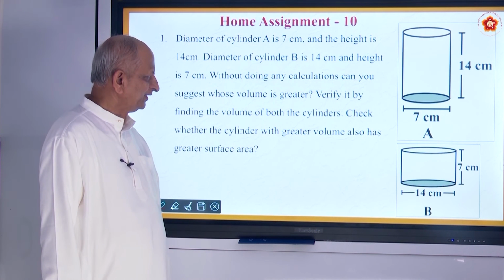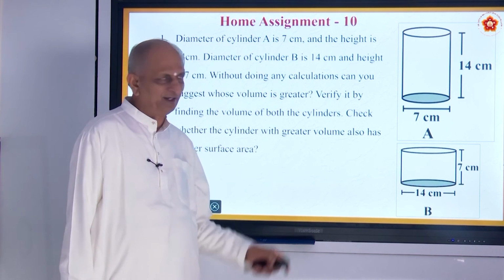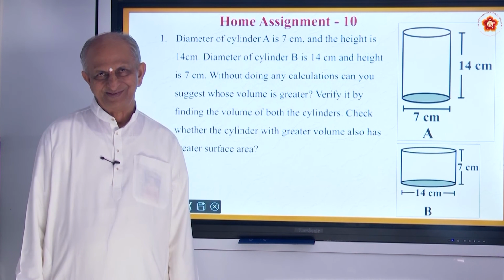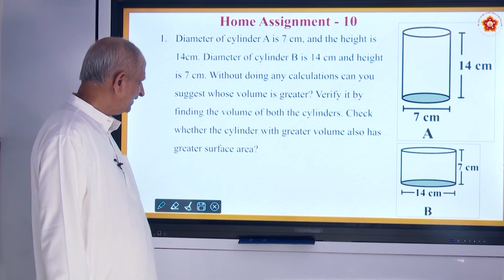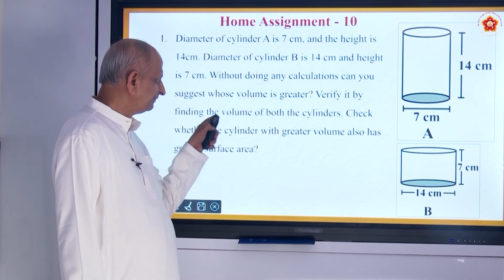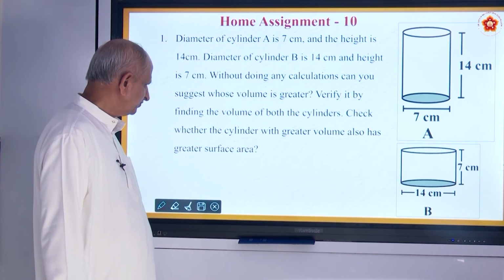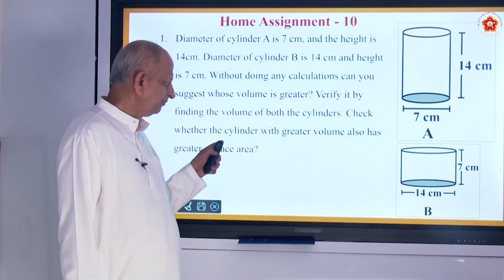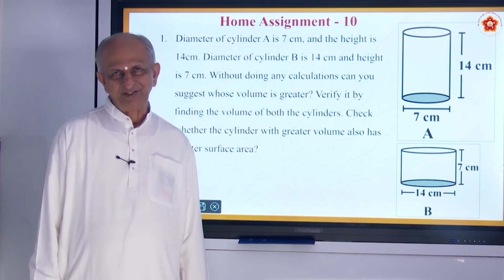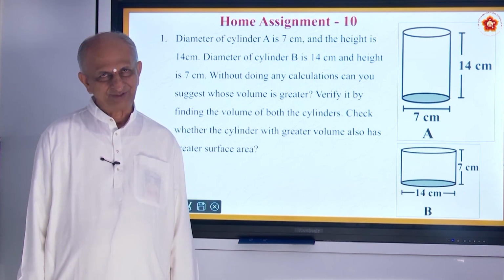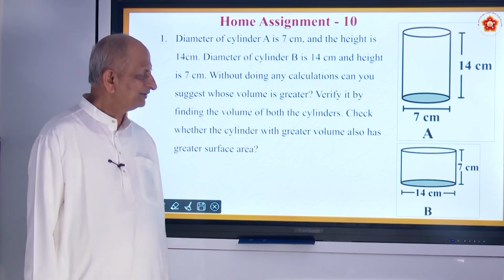Without doing calculation, can you suggest whose volume is greater? Try. Then verify it by finding the volume of both cylinders by the formula pi r square h. Check whether the cylinder with greater volume also has greater surface area. Surface area also you calculate. So it is a challenging question.